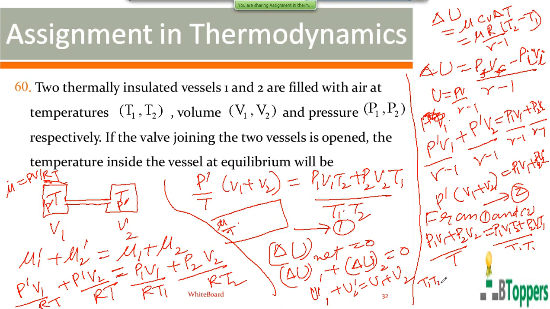So T1 T2 into P1 V1 plus P2 V2 divided by P1 V1 T2 plus P2 V2 T1. That will be the value of T. Please take a pause and finish copying the calculation part.